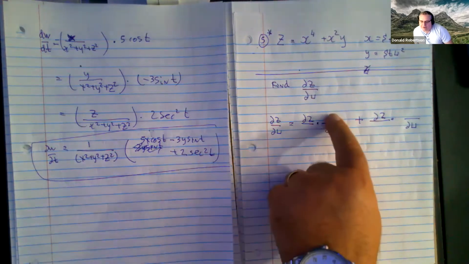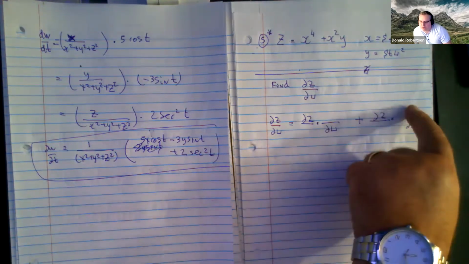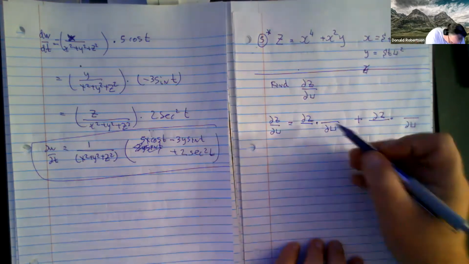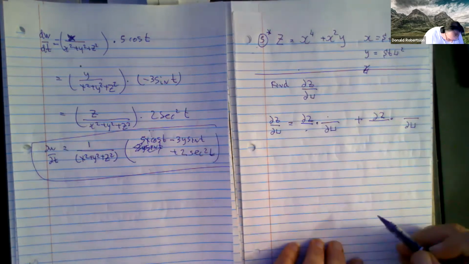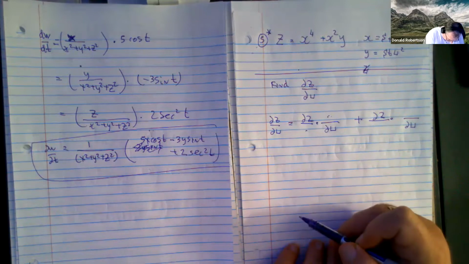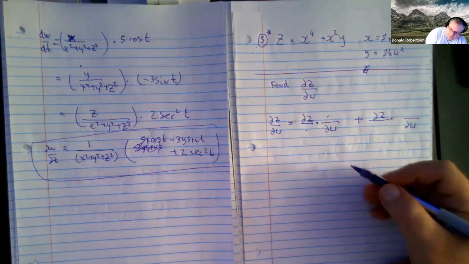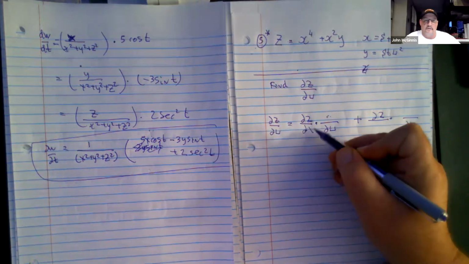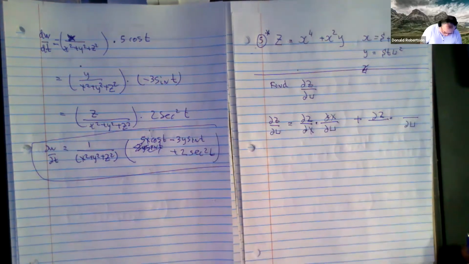So all we need to do is figure out what goes here and what goes here. And whatever goes here, won't the same thing go there? So what's missing in the first one then? Partial of X. Yeah. And this one?